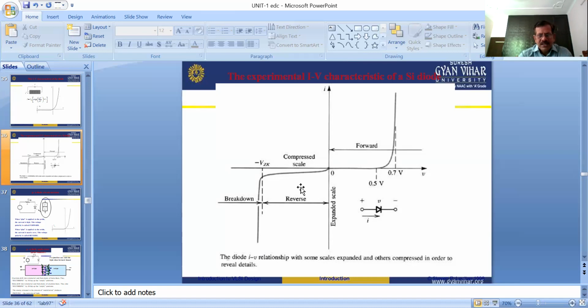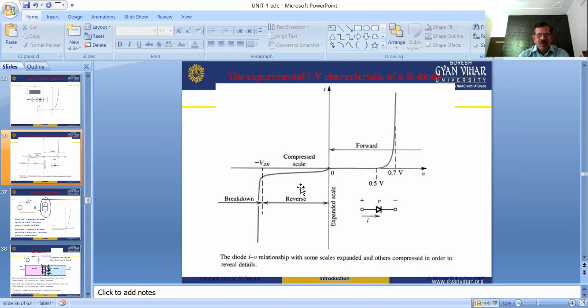In the reverse bias condition, we increase the voltage, but there is no increase in current, meaning no conduction of the diode. The current value is very small, in the range of nanoamperes. But as we keep increasing the voltage, at a particular voltage the current increases very sharply.